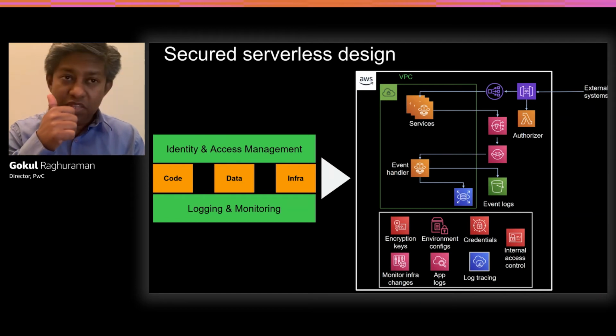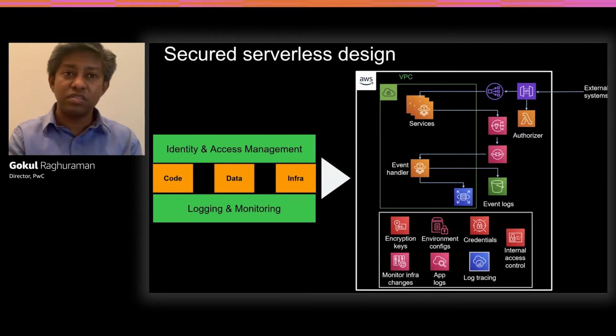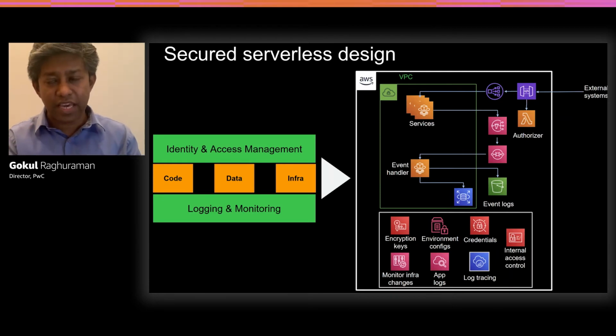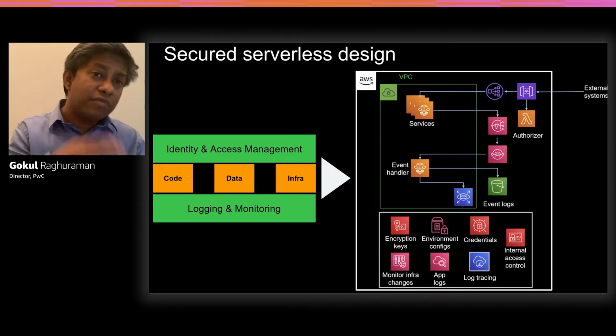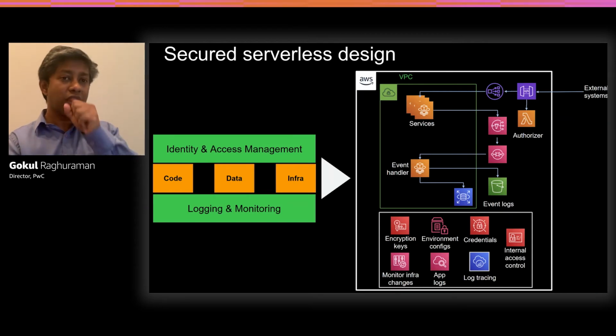The application code, the data that the application stores, any of the infrastructural networking capabilities that AWS provides that you still have to take care of, and getting visibility into the environment using logging and monitoring, right? Those are the 5 big domains that you have to focus on.